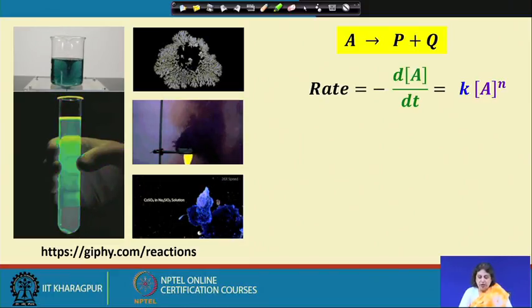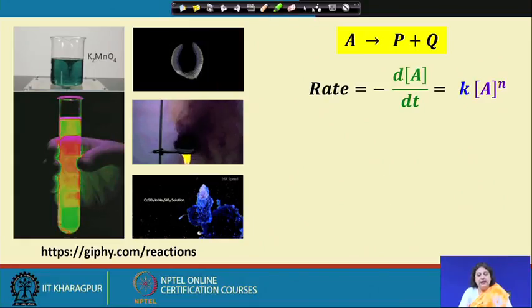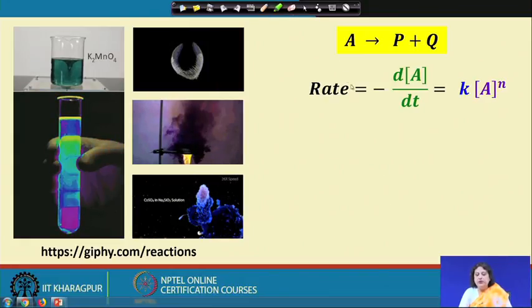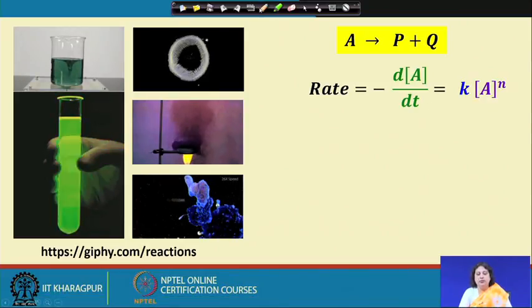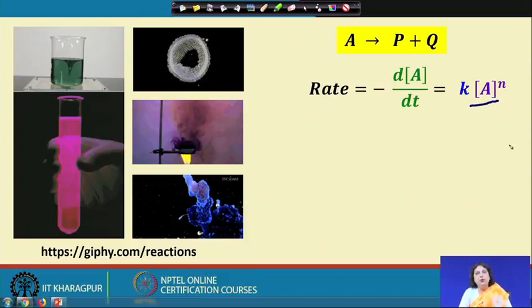In the experiments, it is found convenient to study if the rate depends on the concentration of the reactant, which means whether it is directly proportional to the concentration of the reactant A or proportional to the square of the concentration of A, and so on and so forth. This quantity n is traditionally known as the order of the reaction.